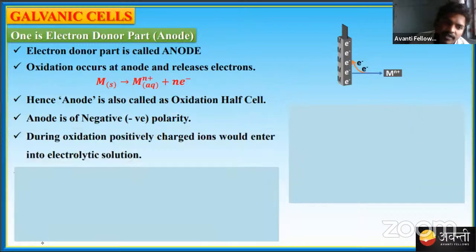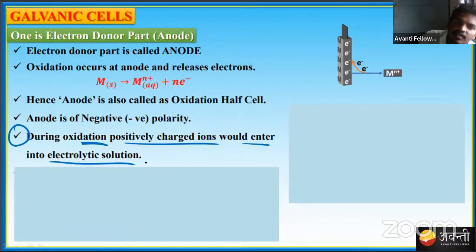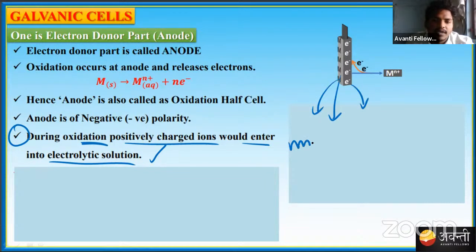And next we discussed that during oxidation, positively charged ions would enter into the electrolytic solution. So it is going to lose Mn+ ions.